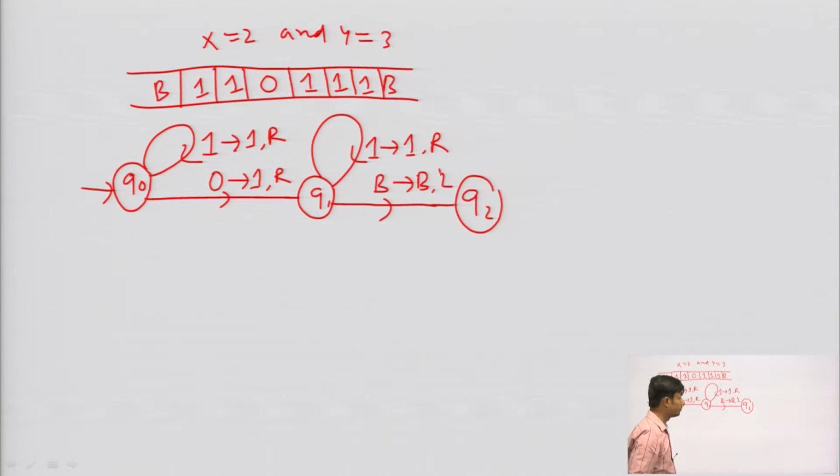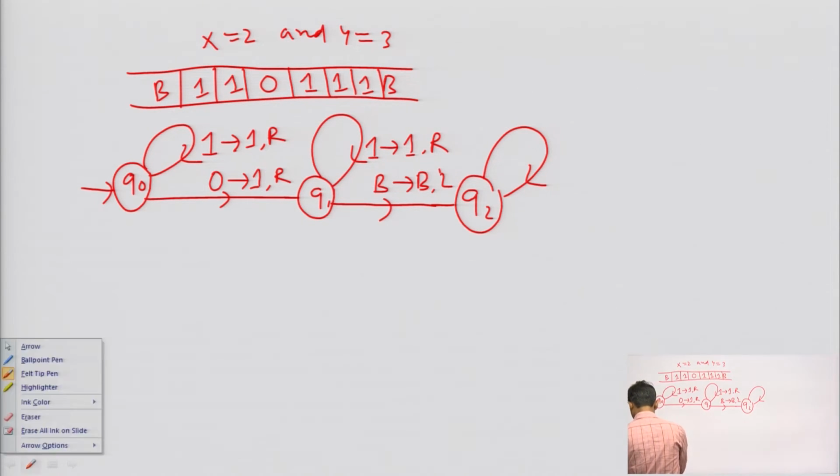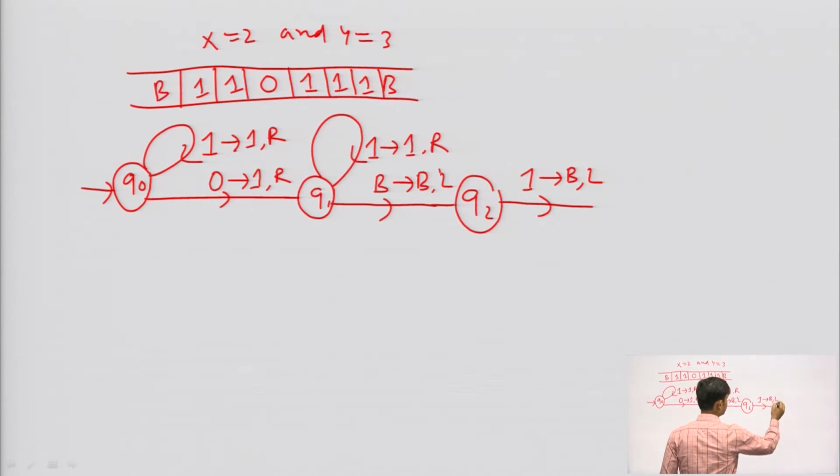Now, in Q2 you will find 1 here. So, this is not a loop. In Q2 you find only a single 1, make it blank and move left.